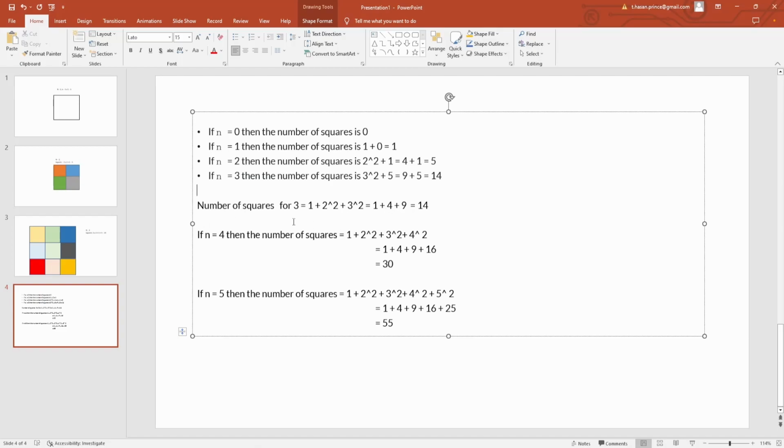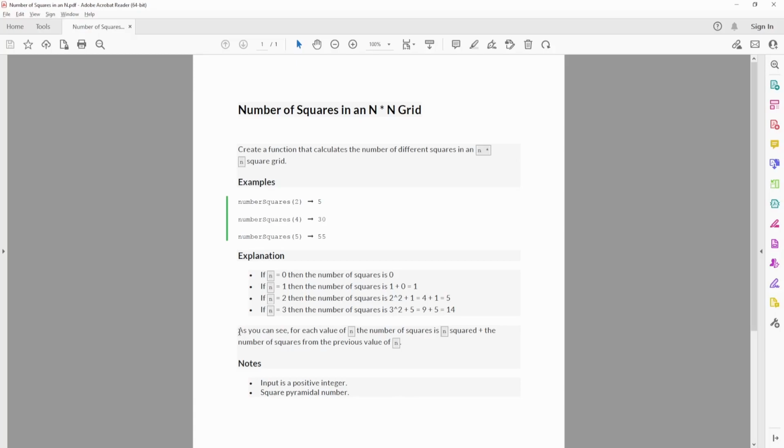Now we can see a trend. The trend is the number of squares is the addition of the previous squares. So the hint here is that for each value of n, the number of squares is n squared plus the number of squares from the previous values of n.